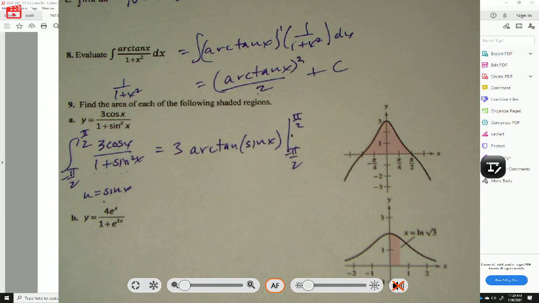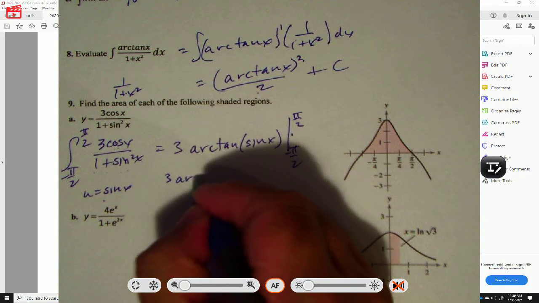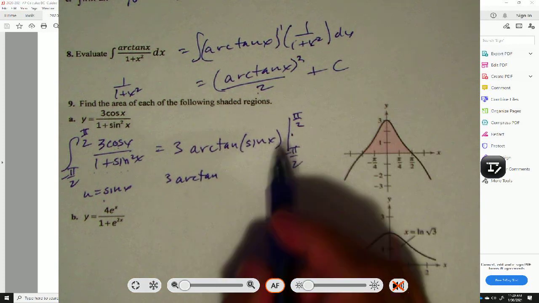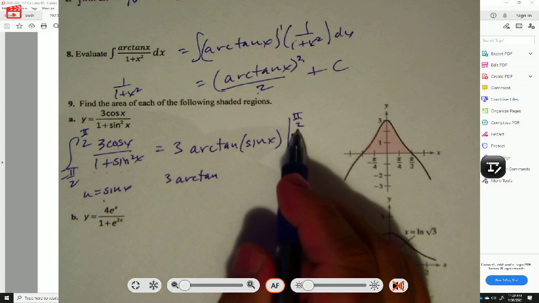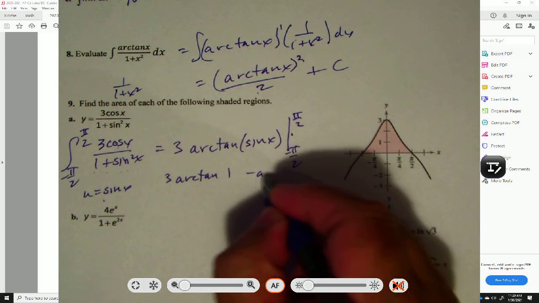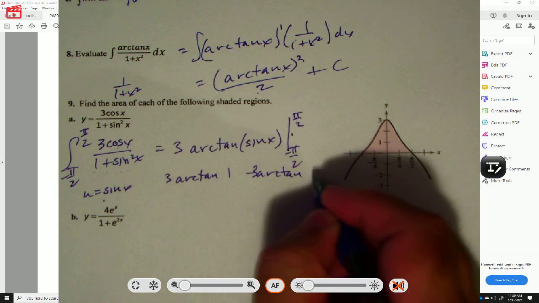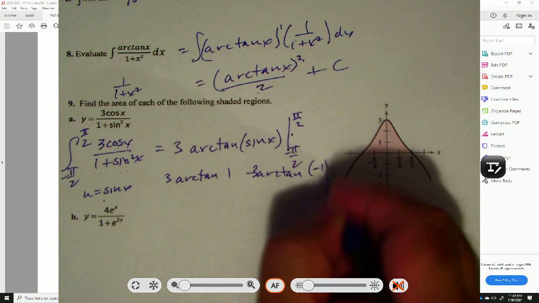Alright, so let's work this out. If you plug in pi over 2, that'd be arctan of sine of pi over 2. Sine of pi over 2 is 1, minus 3 arctan of sine of negative pi over 2, which would be negative 1.